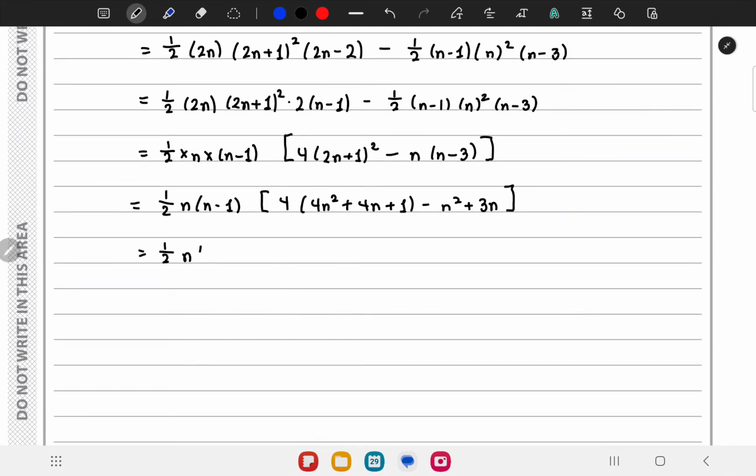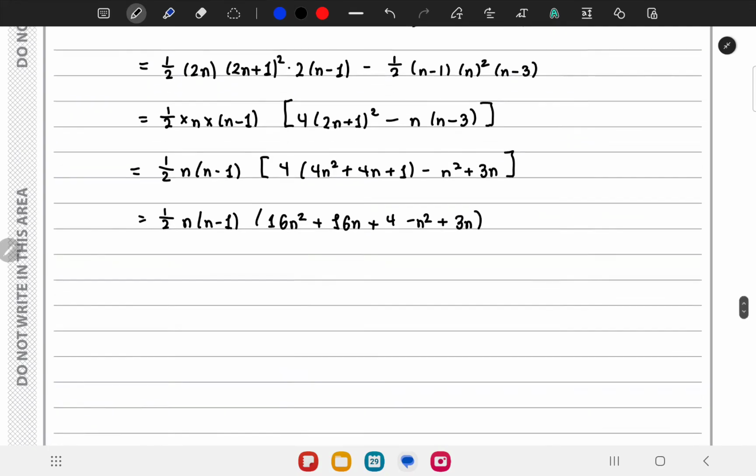So half into n minus 1 times 16n square plus 16n plus 4 minus n square plus 3n, half n times n minus 1, 15n square plus 19n plus 4.